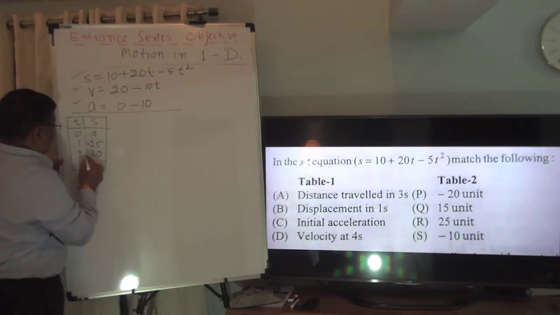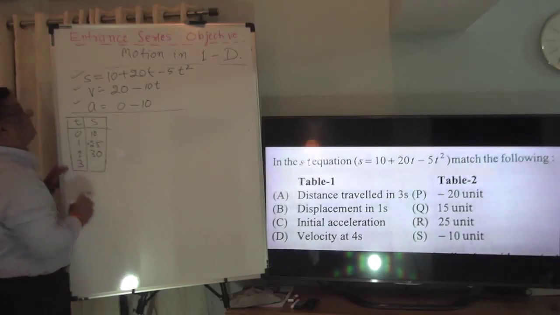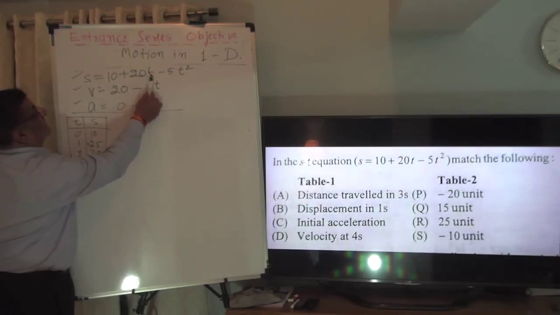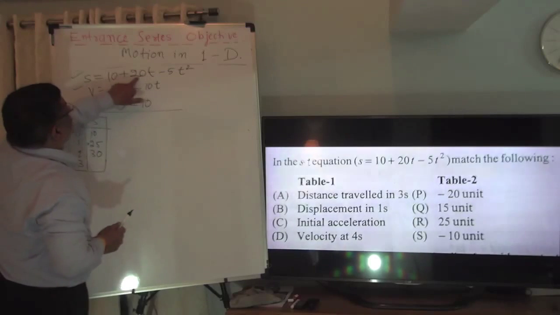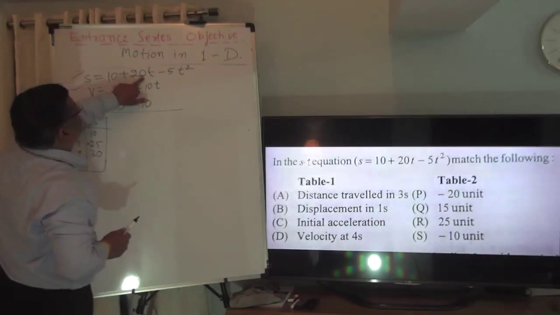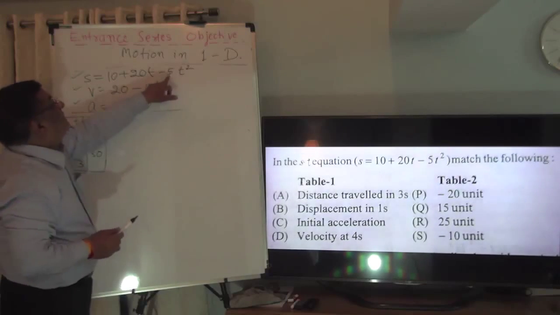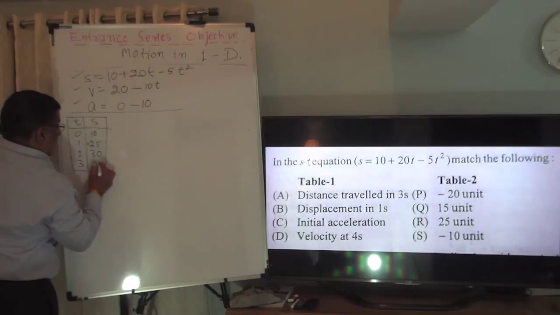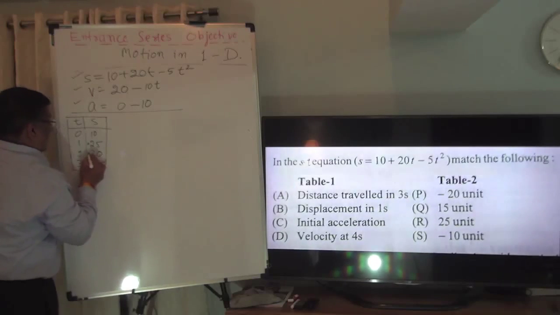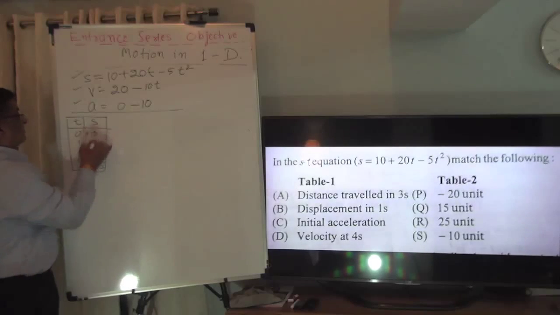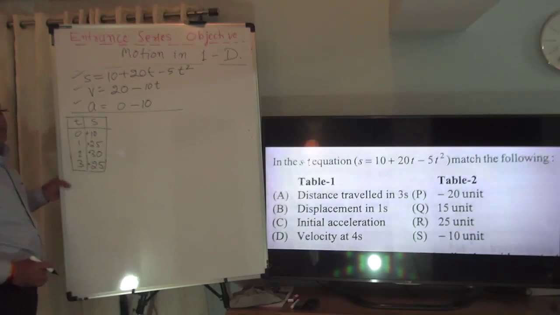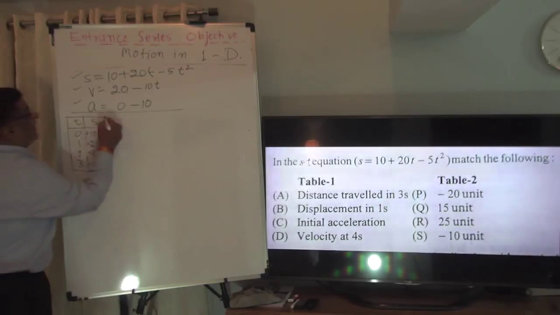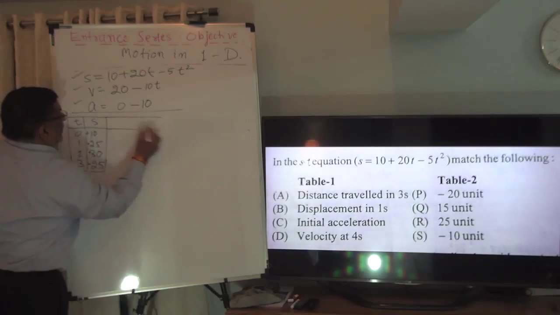And when the time is equal to 3 seconds, 3 20s are 60. 10 plus 60, 70, and this will be 45. 70 minus 45 is equal to 25. Again, this is plus. This gives the position.